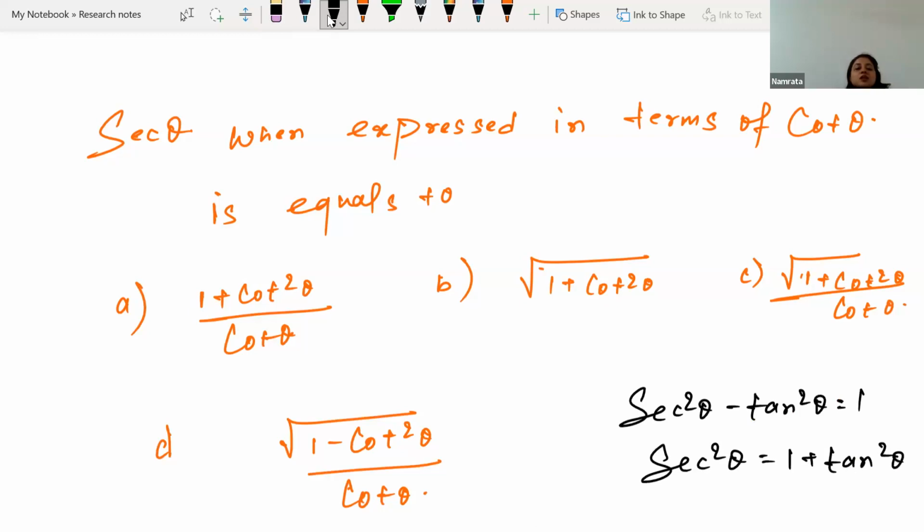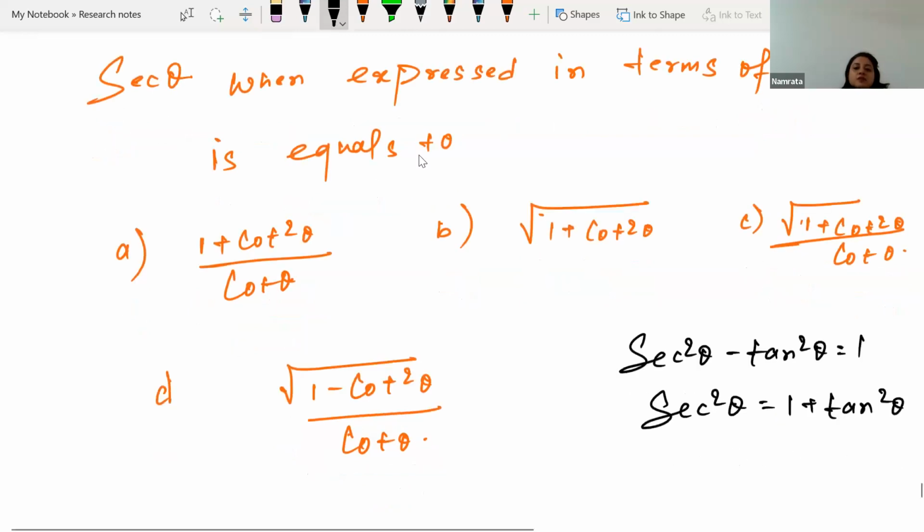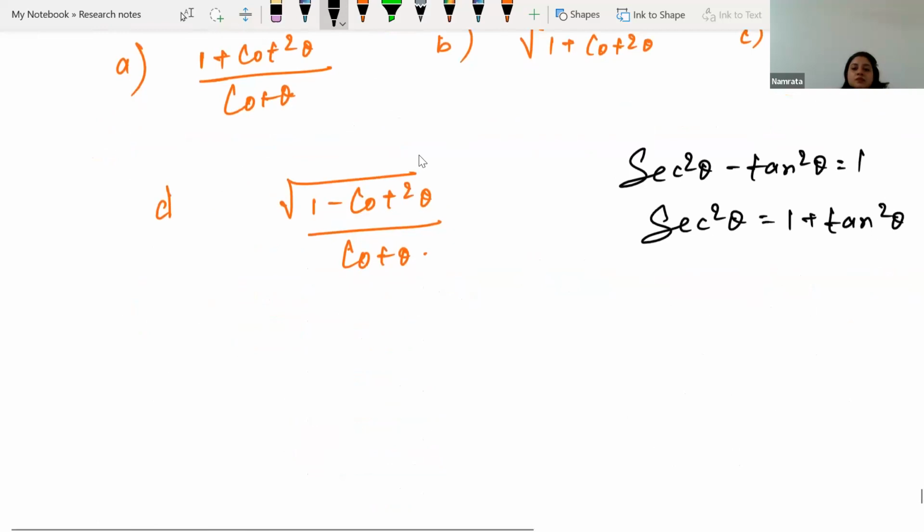Now this tan square theta, can we convert it to cot theta? Can we convert tan to cot? Anyone?